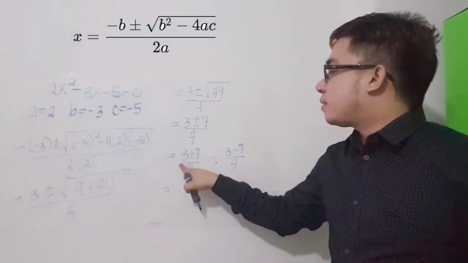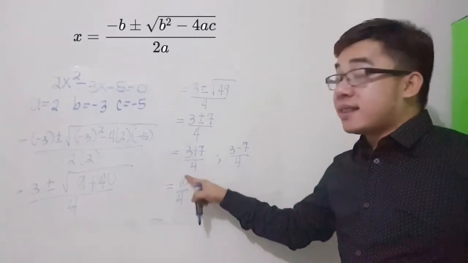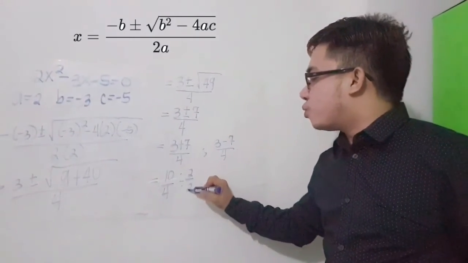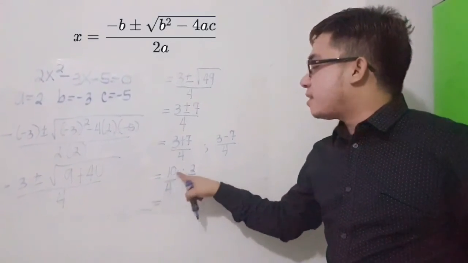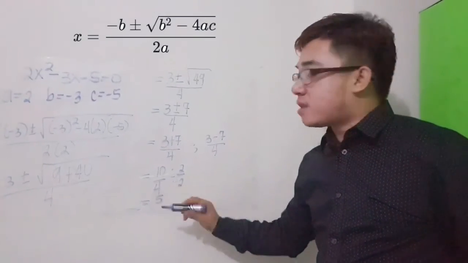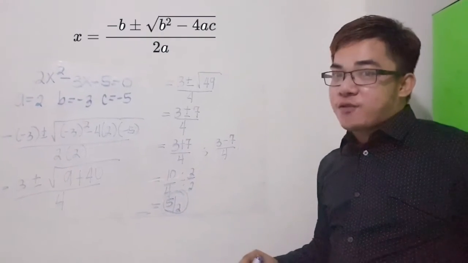So we have 3 plus 7 is equal to 10 over 4. And 10 over 4 is divisible by 2 over 2, so we are going to get the lowest term. 10 divided by 2 is equal to 5. And 4 divided by 2 is equal to 2. So we have 5 over 2.